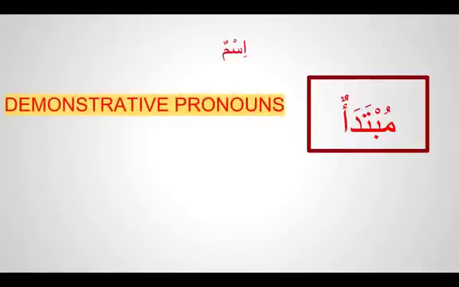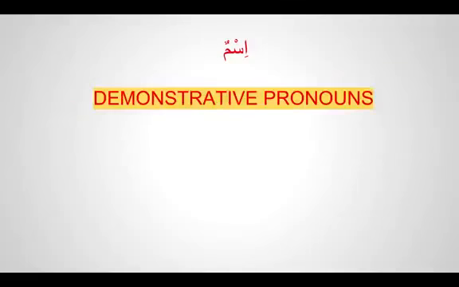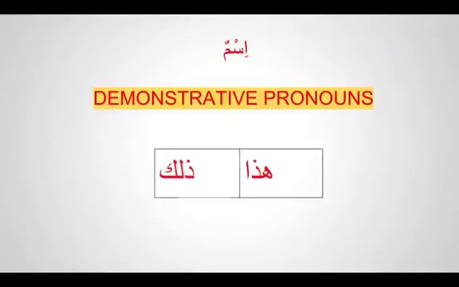The other words that can come as a mubtada in a sentence, today we are going to learn, is demonstrative pronouns. So what are these demonstrative pronouns? These are the two words which we will be learning in these classes. One is called Hadha and the other is called Dhalika.